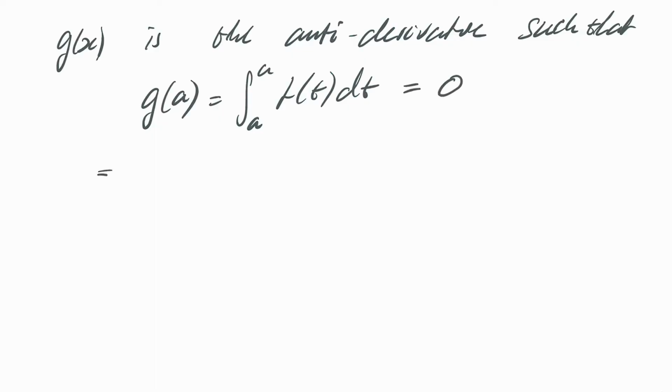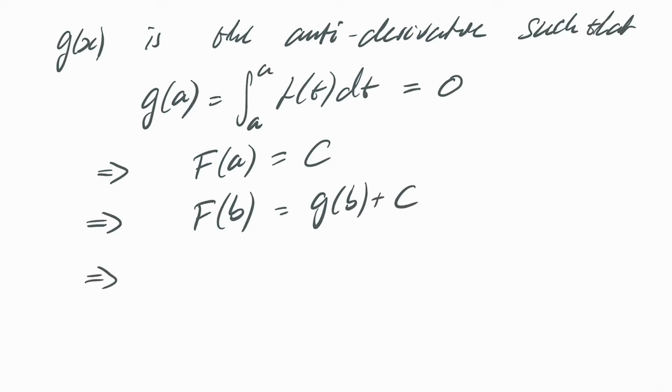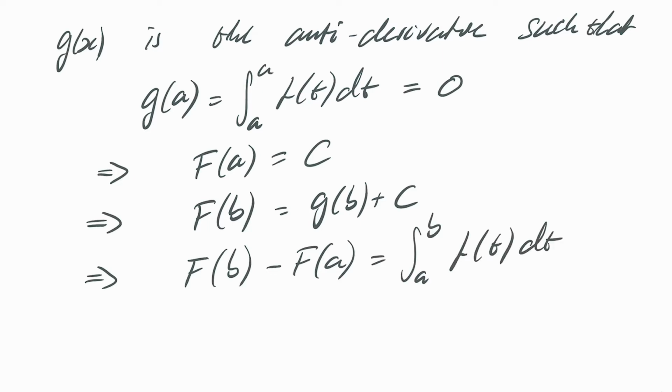And that implies then that capital F of a is just equal to this constant c in my set of all antiderivatives. And hence, this means that F of b, the upper limit of integration, is equal to g of b plus c, or, let me write this out in a different way, F of b minus F of a is the integral from a to b of f of t dt.